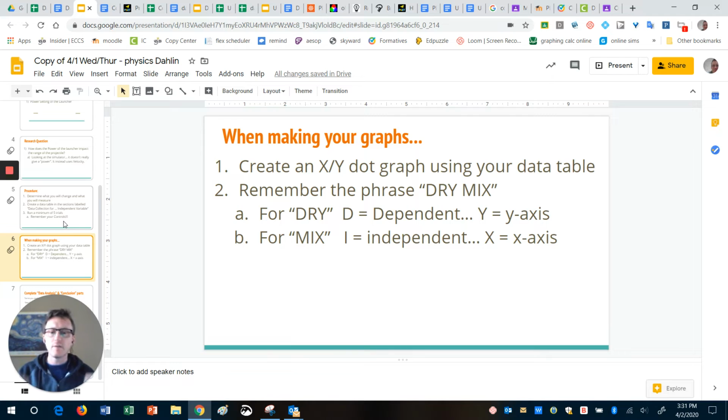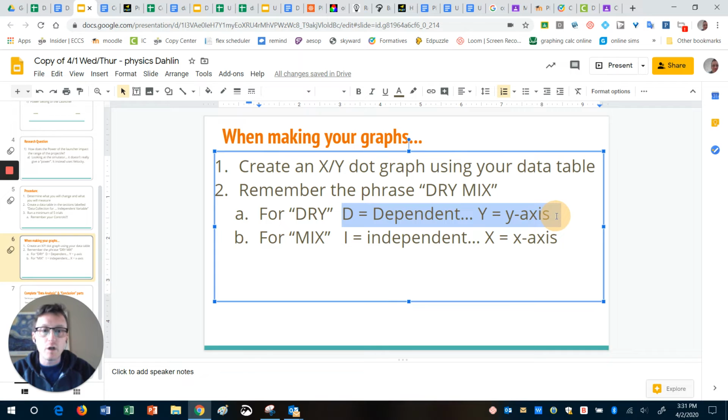Scientists try to make sure we are consistent. What they said somewhere in the past is that the dependent variable should always go on the y-axis. Remember, the dependent variable is what you measured, what you looked for each time we did the experiment. The independent variable goes on the x-axis.